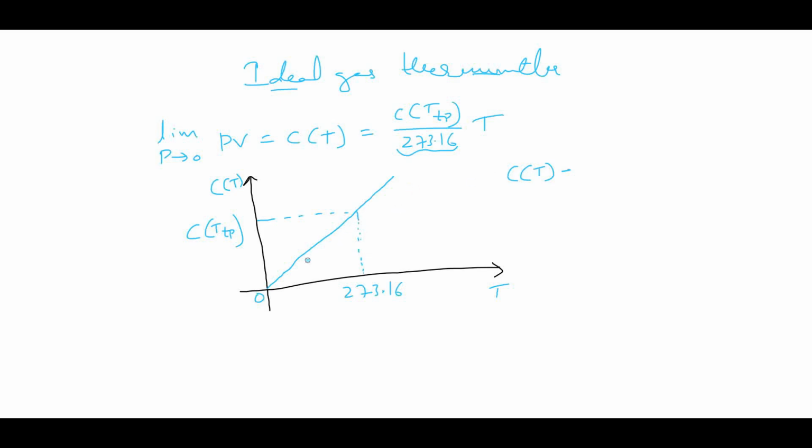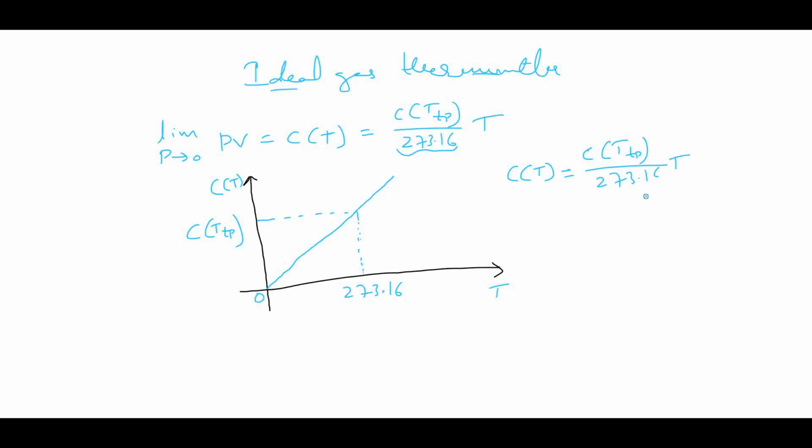For example, we have here x1 y1 and x2 y2. So basically y of t is equal to slope. Slope will be this y, C of T_TP minus 0, by t minus 0, so that we get the same as I wrote, into temperature.